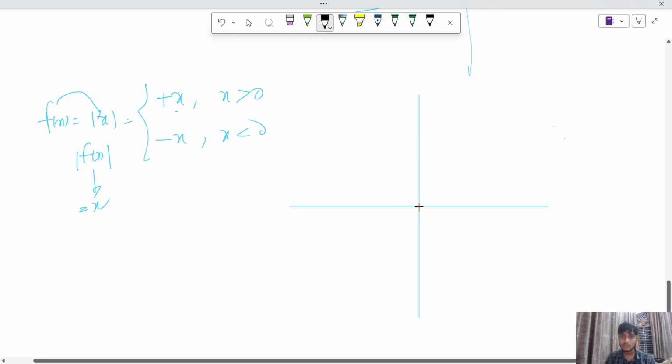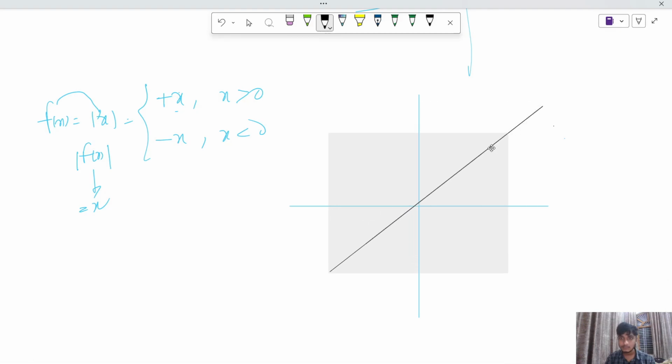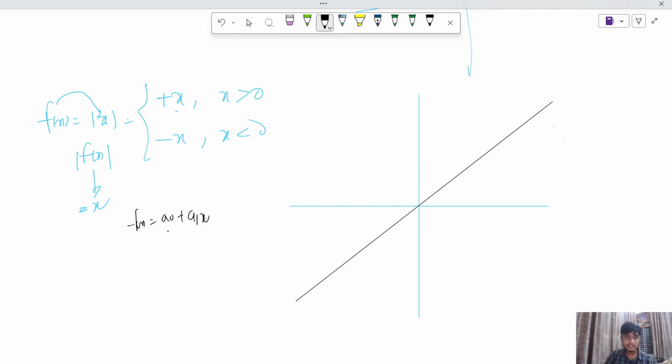I think you all know how x looks, and it goes infinitely. f of x equals a naught plus a1x, and it is 0, so minus a naught by a1 will become 0. So this intercept will become 0, so it will start at 0.